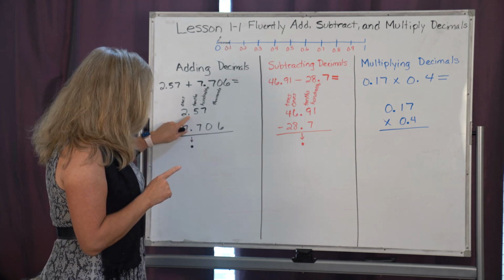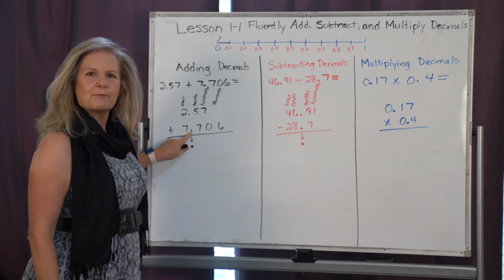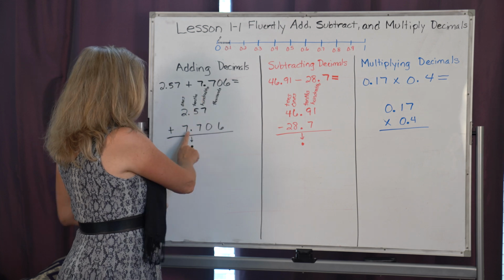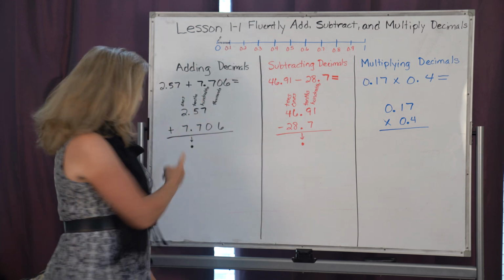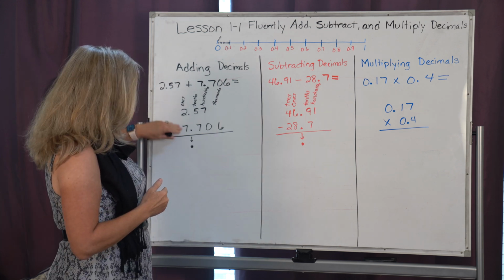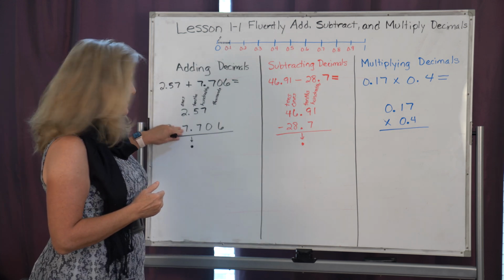So all I'm going to do is go down and put my decimal point right below it. Now I see that 7 is to the left of the decimal point, and I'm going to put that right under the 2, and that means my ones place is added to my ones place.